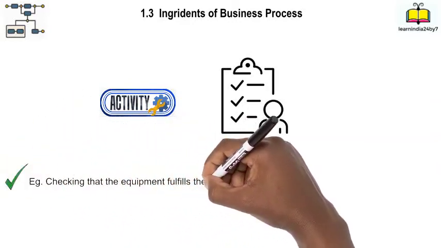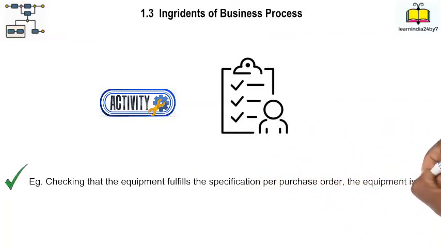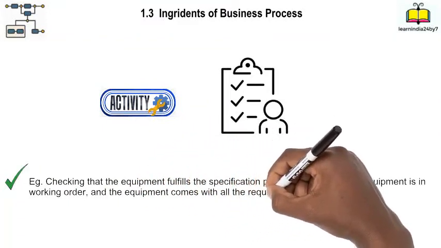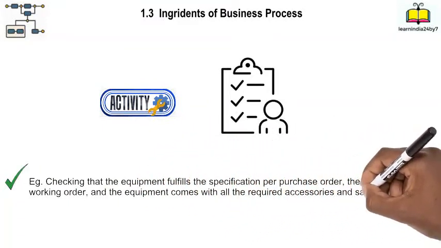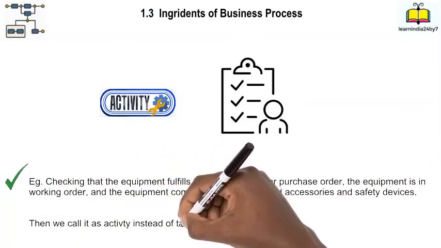But say the inspection involves checking that the equipment fulfills the specification as per the purchase order, that the equipment is in working order, and that the equipment comes with all required accessories and safety devices. Then we call it an activity instead of a task.